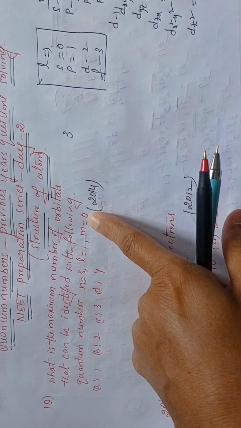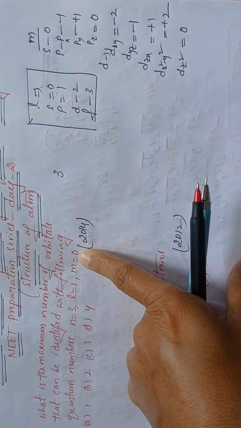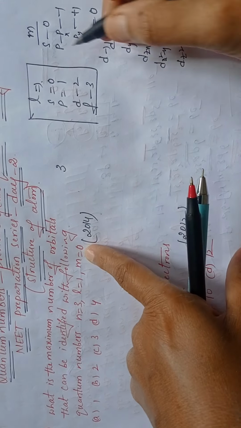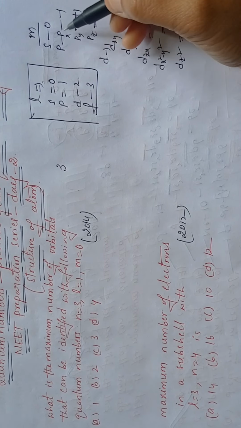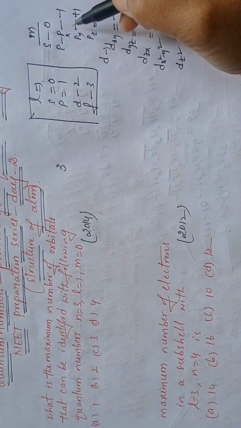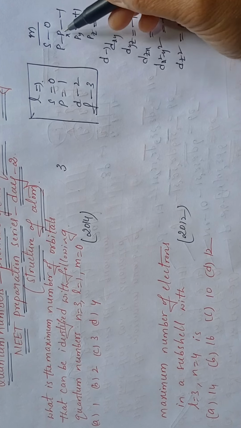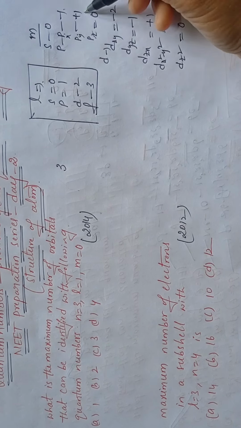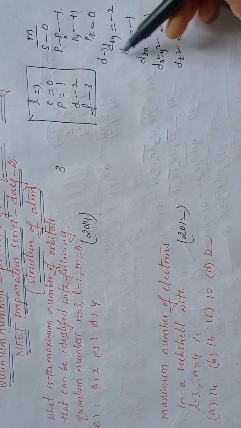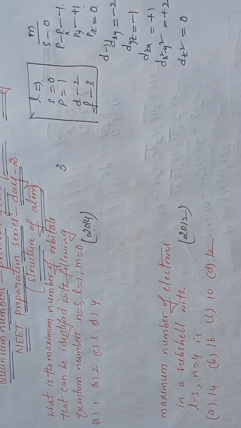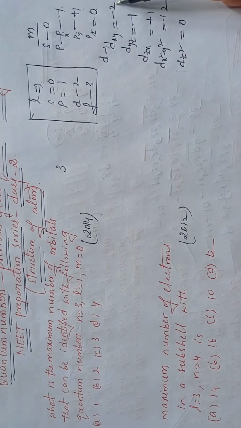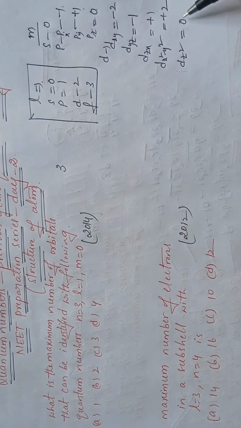So these are the m values. m value for s subshell is 0. In p subshell, 3 orbitals will be there: px, py, pz, with values minus 1, plus 1, 0. In d subshell, total 5 orbitals: dxy, dyz, dzx, dx square minus y square, dz square, with values minus 2, minus 1, plus 1, plus 2, 0.